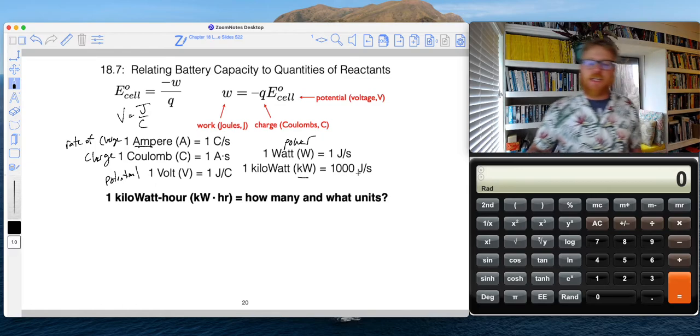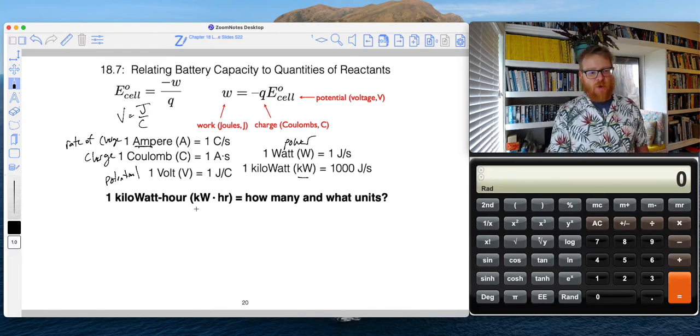If you've paid attention to your power bill, your PG&E bill, you might have noticed this crazy looking unit, the kWh. That is called a kilowatt hour. So what is a kilowatt hour?